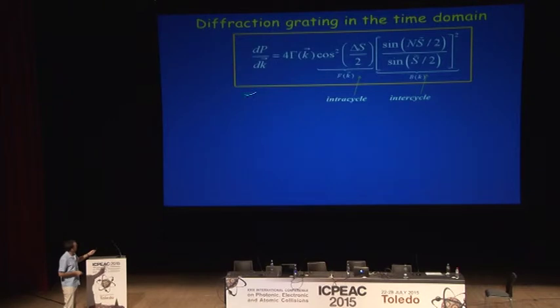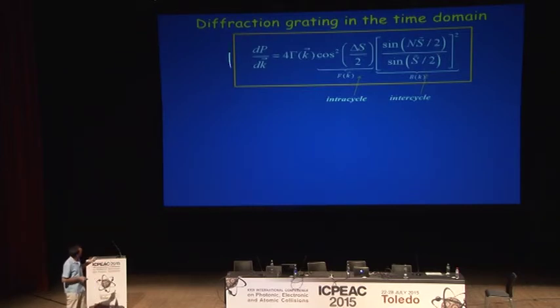Now, skipping some algebra, and after a few approximations, the momentum distribution can be written as the equation of the diffraction grating, but now in the time domain. I don't know if you remember, this type of equation can be found in any book about optics.